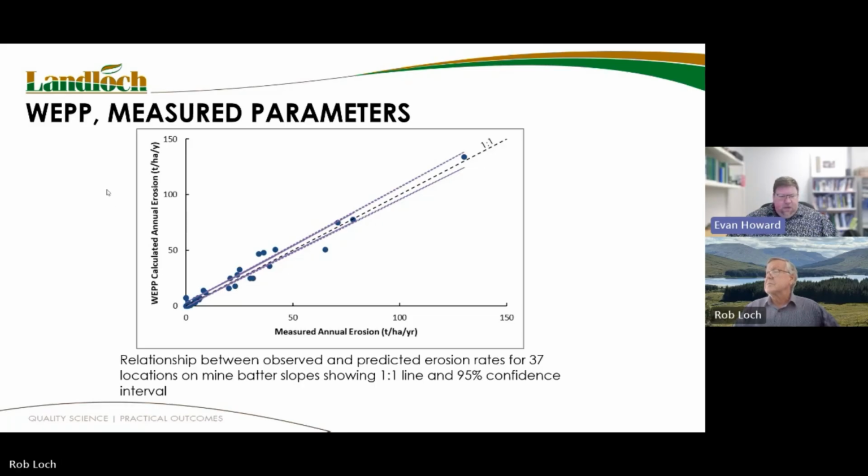It includes arid zone and temperate, a range of different materials from quite sandy or loamy soils all the way through to quite rocky materials, and a range of slope shapes. So this data set includes uniform gradient slopes and also some concave profiles as well. The lines there show the 95% confidence interval, and really it demonstrated for us that there is the ability, through appropriate measurement, to accurately predict erosion using the WEP model.